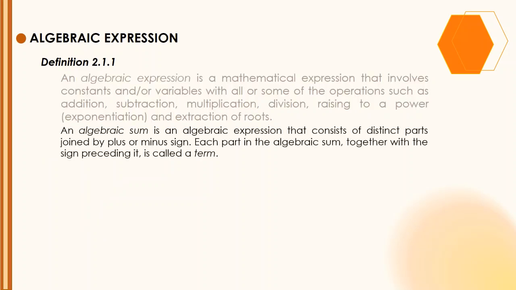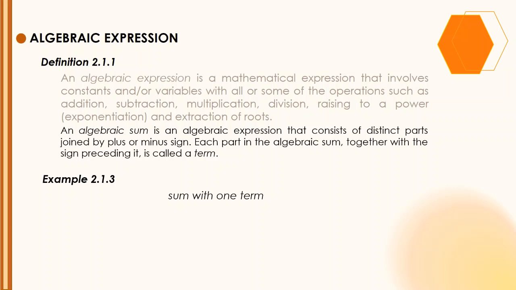An algebraic sum is an algebraic expression that consists of distinct parts joined by plus or minus sign. Each part in the algebraic sum, together with the sign preceding it, is called a term.